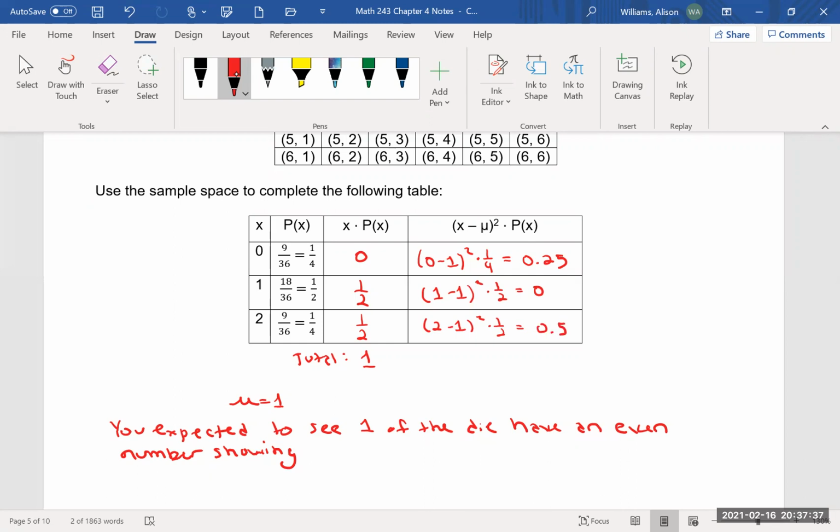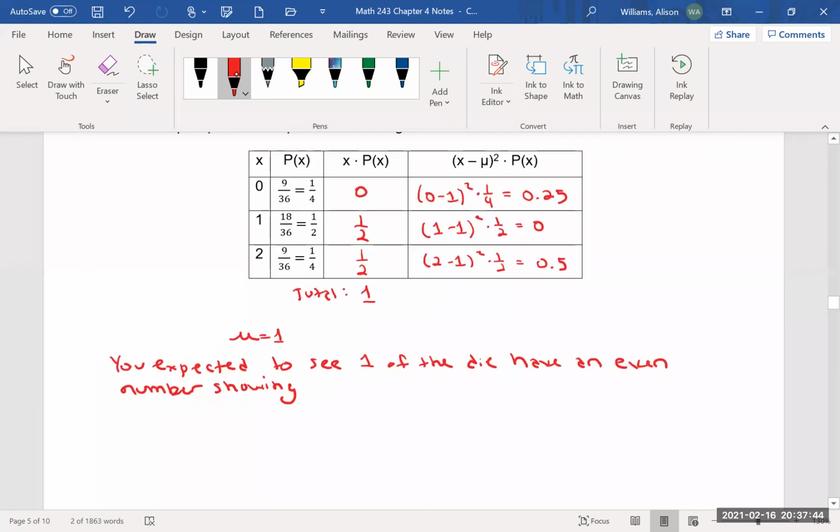Okay. So that means then that when we want to find the standard deviation, we're going to find the square root of 0.75.